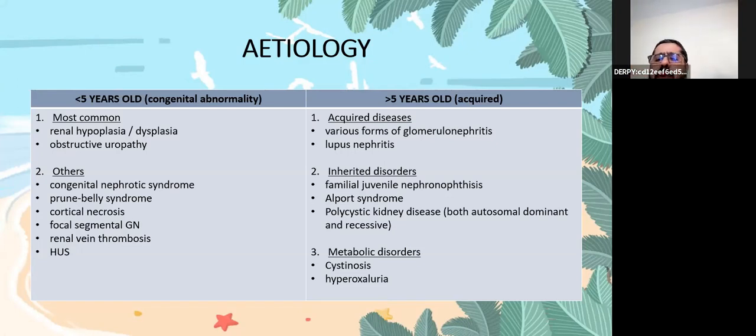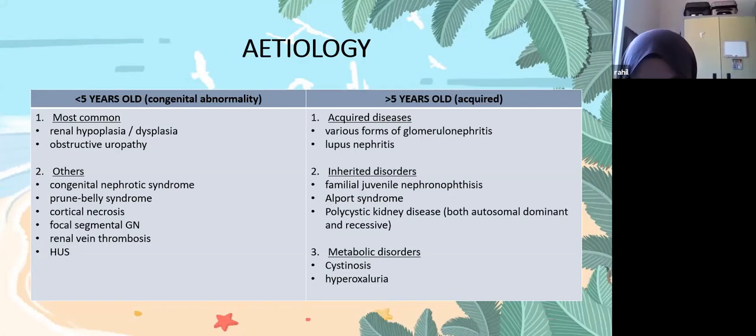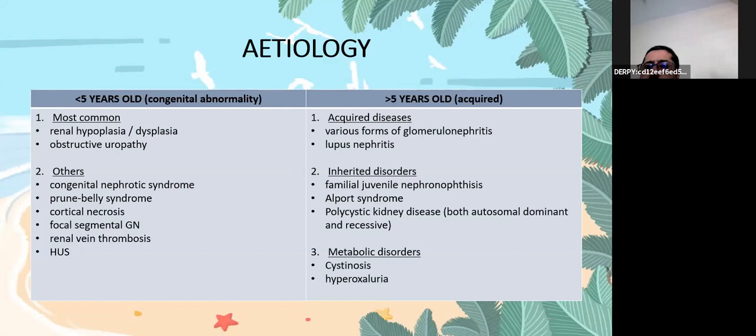What is Prune Belly syndrome? Prune Belly syndrome is the partial or complete absence of the abdominal muscles, and also the urinary tract has malformation. Yes, exactly.